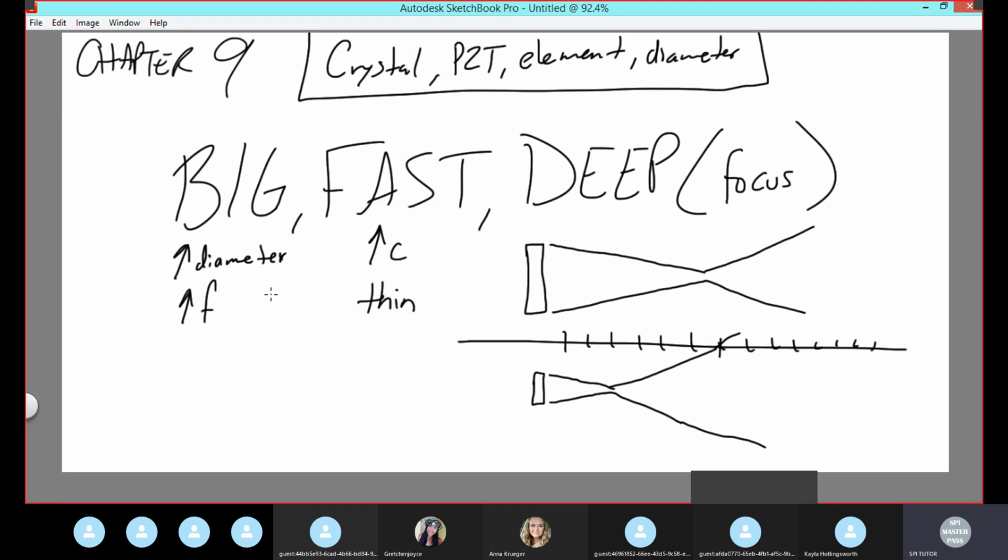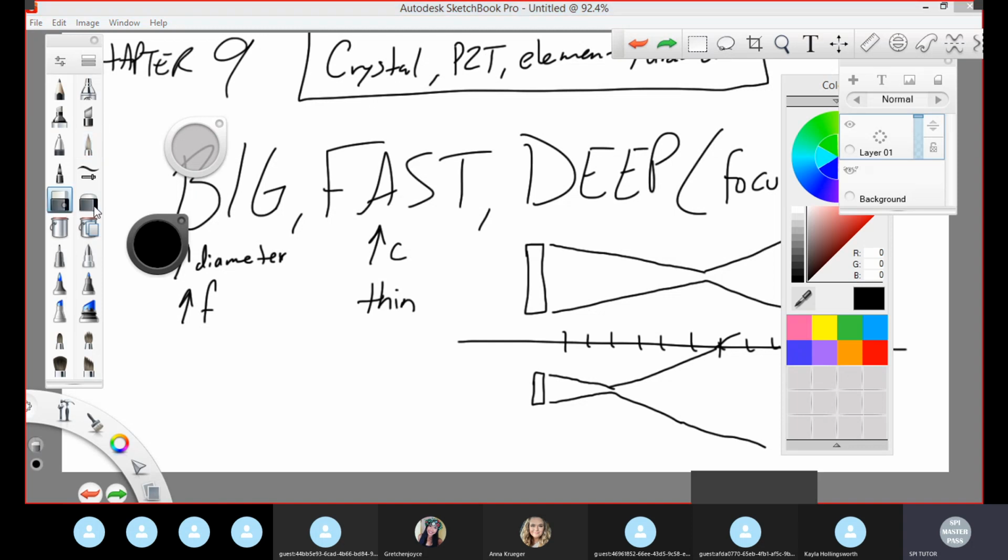So why would you pick a big diameter transducer? It's going to give you a deep focus. That's not going to work for the thyroid. In that case, you're going to pick a small diameter transducer to give you a shallow focus because the thyroid is shallow. So that's kind of the way that it works. Okay. And this affects lateral resolution, but we'll talk about that next class.